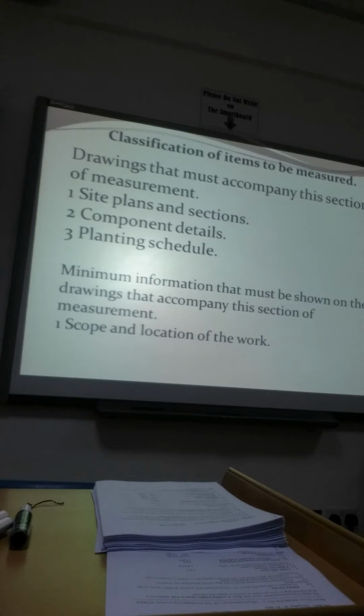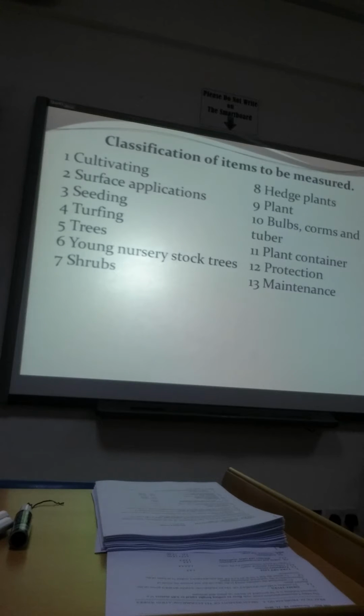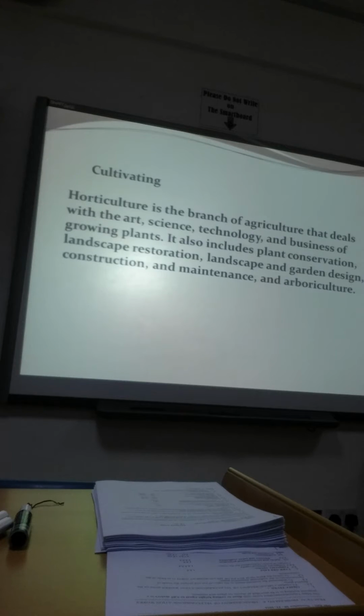The next, in your notes, classification of items to be measured, as I have said before. Then cultivating, surface application, seeding, turfing, trees will be discussed in the succeeding slides. Cultivating.